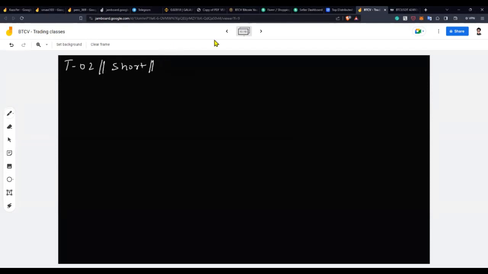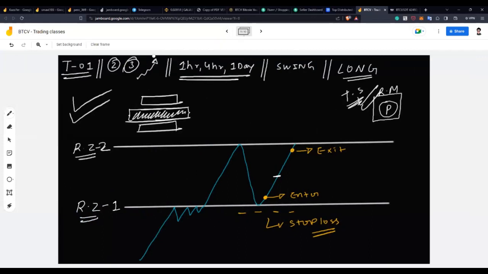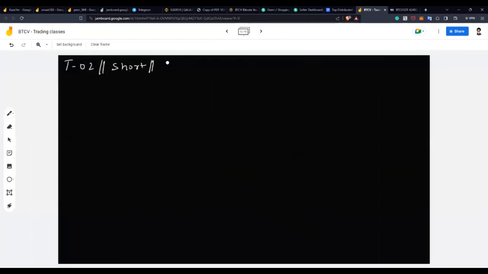Then here, just like in the previous one, where we did the second and third phase because the market was moving up, this will happen in the fourth phase because the market is moving in the down direction. And then you can also use the 1 hour chart, 4 hour chart, and 1 day chart.